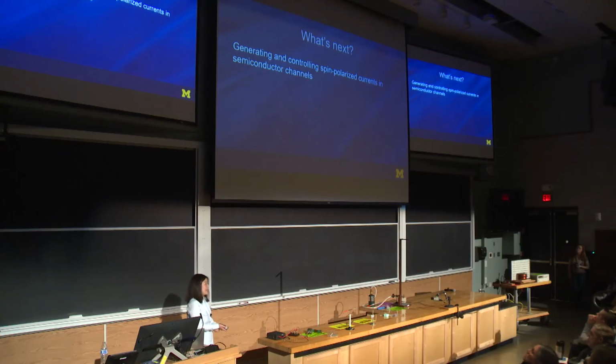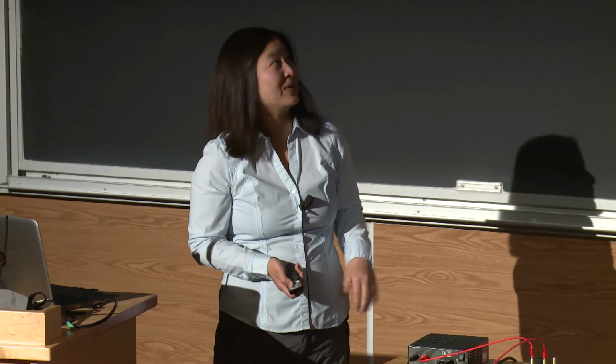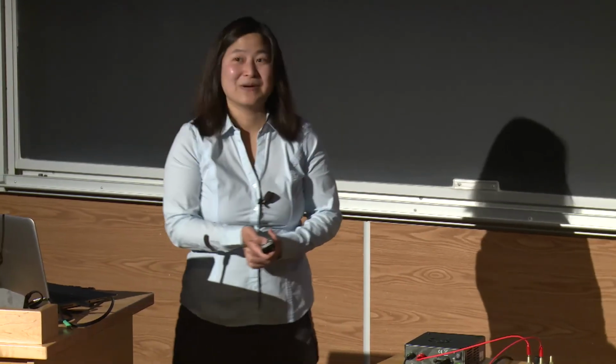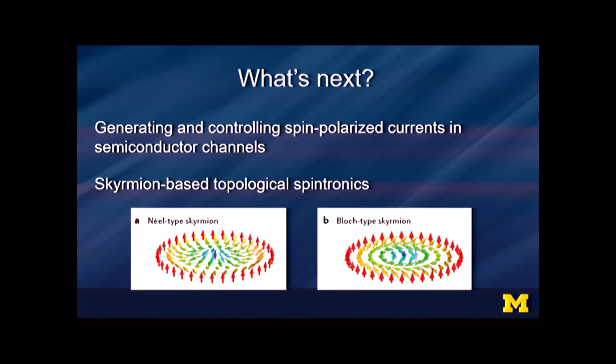So with the giant magnetoresistive effect, the layer in between the two magnets was a metal, but if you make that layer a semiconductor, you have a lot more control over the electrons inside the channel as well. And then there are also other ideas for, instead of just having the material be completely aligned one way or the other, more complicated arrangements of the spins.